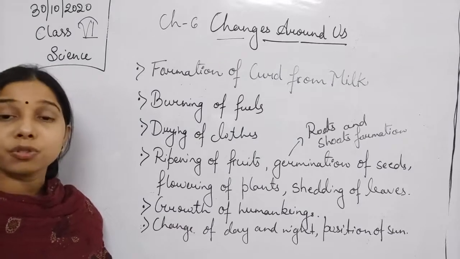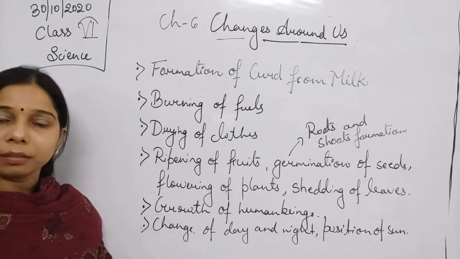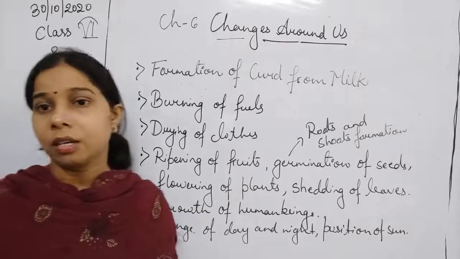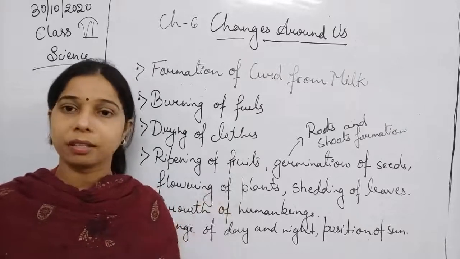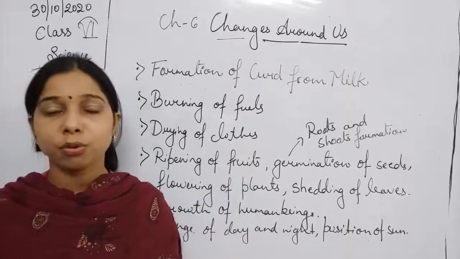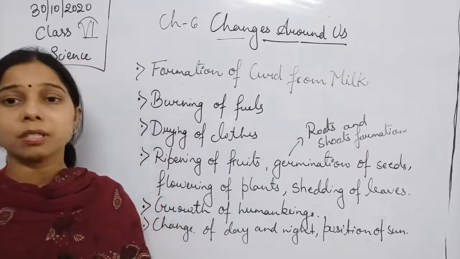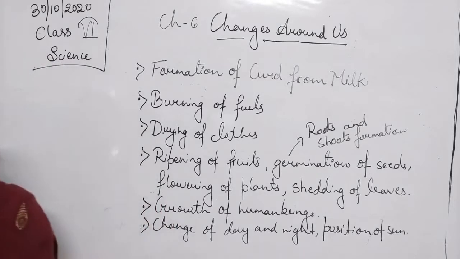Change from day to night, and again from night to day. And the position of the sun: the sun rises from the east, and we say the sunset occurs in the west. So we always say that there is a change in the position of the sun, although it is because of the rotation of the earth. Okay, so these are the different kinds of changes.